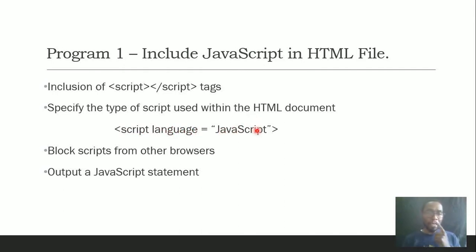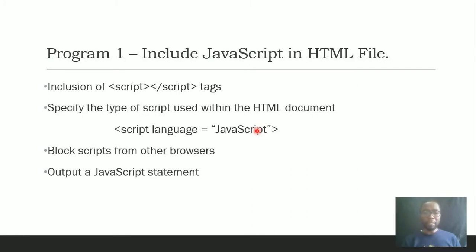And then it happens that not all browsers would process JavaScript or accept JavaScript embedded documents, and in such cases you might want to hide the scripts from those browsers, and we are going to see how that is done.